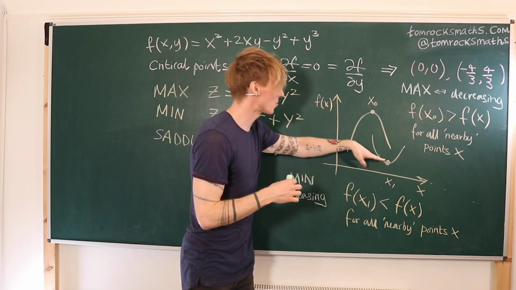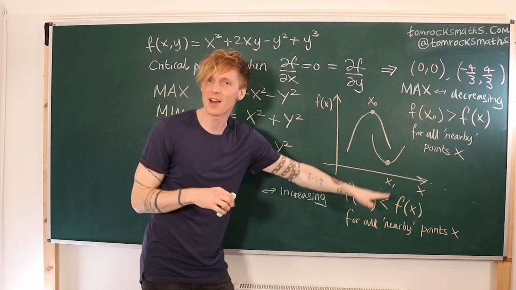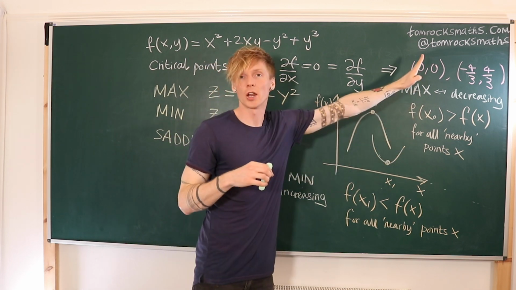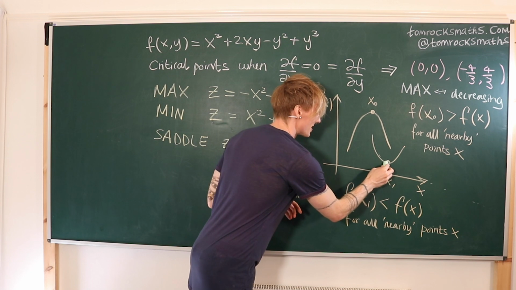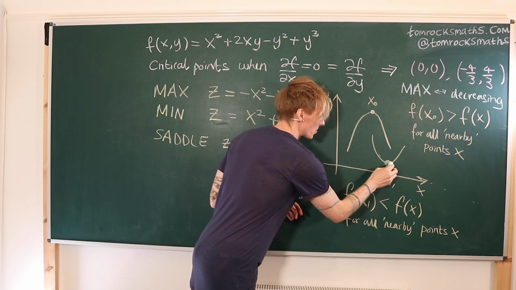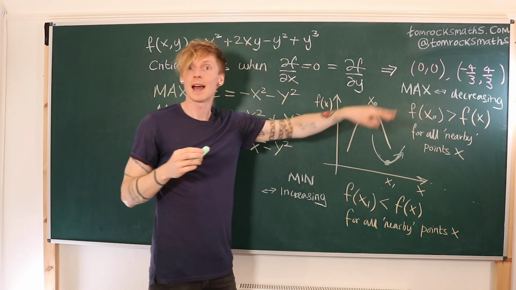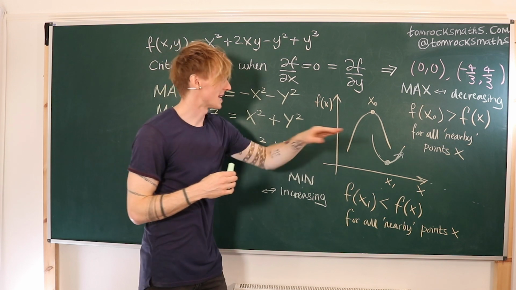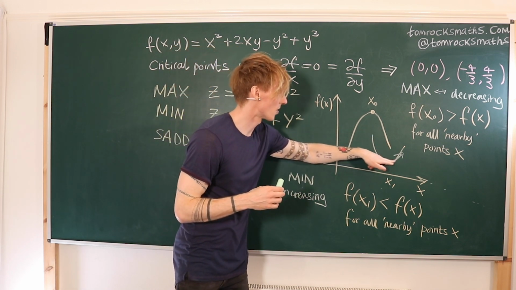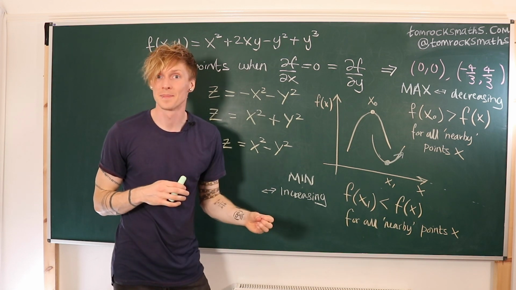And if it is increasing, that means moving in the positive x direction, you're going on an upwards slope. So the gradient here is 0. As we move to the right, the gradient increases and moves along this positive slope. So an increasing gradient here tells us that it's a minimum.